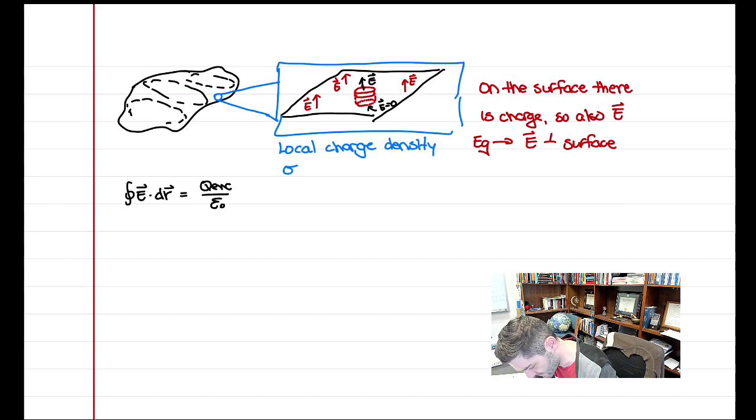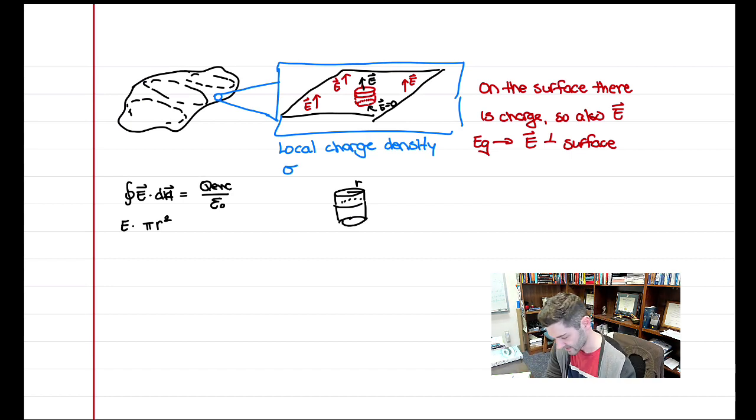So then this is some value of the electric field times the area, this would be an A, sorry, not dr. I'm used to drs from potential. The area of that little top is going to be pi times whatever its radius is squared. If the pillbox has some radius r, then it pierces into the surface, and the part that's inside also has radius r.